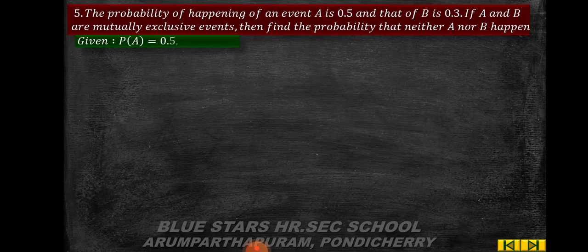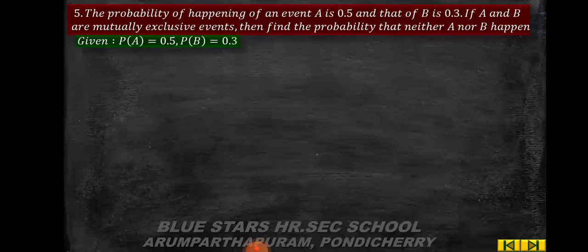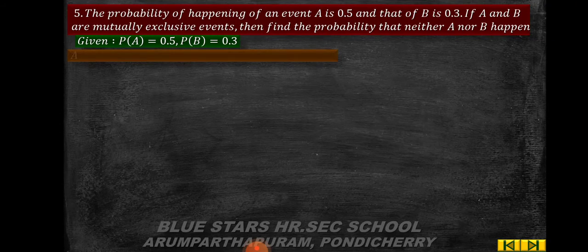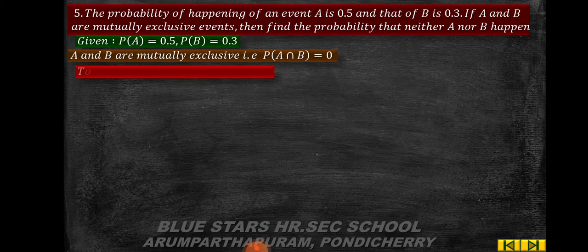So given P of A is equal to 0.5, P of B is equal to 0.3. A and B are mutually exclusive, that is A intersection B is empty, that is P of A intersection B is equal to 0. To find P of either A or B, that is P of A union B.